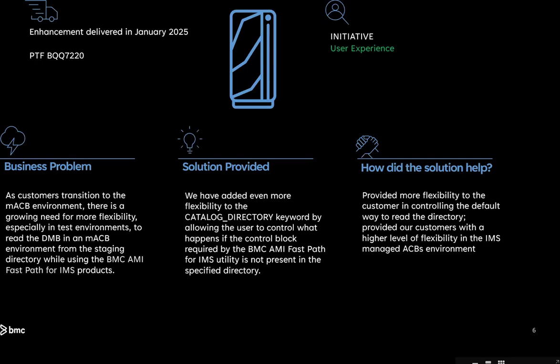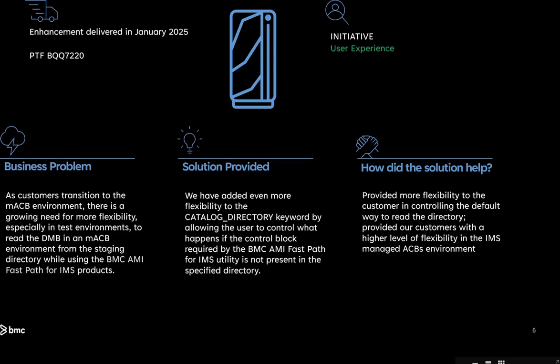The greater flexibility that this enhancement provides to the customers in controlling the default way to read the directory eventually comes in handy by preventing future problems, right? So, for example, and this is one of the use cases I'm quoting, a DBA uses the build function. We have a build function in our BMC AMI FastPath for IMS utilities to implement FPSI or PFX index changes.